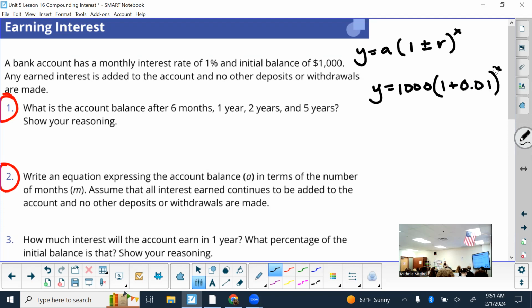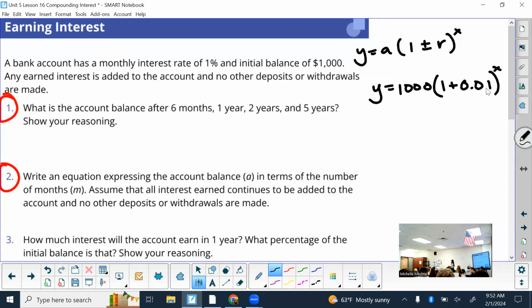Okay, perfect. So really only 2 things you need to be able to identify: your initial amount and the rate that it's increasing or decreasing by. Interest adds to the balance, so that's why we're using a plus this time. Anything that's depreciating or decreasing, you would use the minus. But in order for it to grow, it needs to be times something bigger than 1.